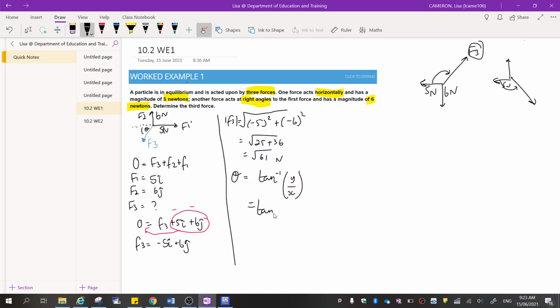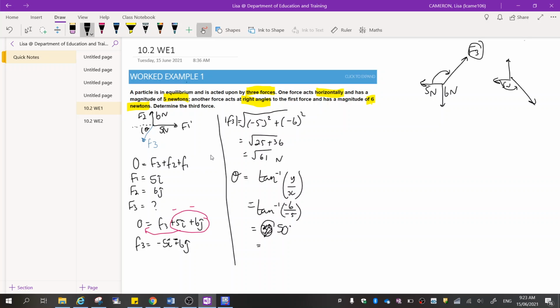So in this case, tan to the negative 1. The y component is negative 6. That should be a negative there. Divided by negative 5. When I pop that in my calculator, it's going to give me about 50 degrees. Now, you can go to a decimal place, that's fine as well.